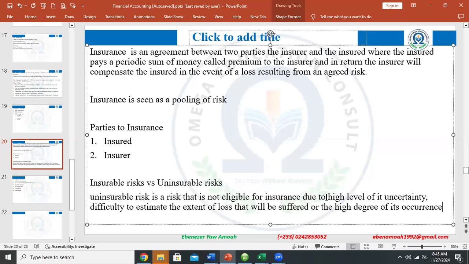I want to give an example, like insuring against losing your pot of soup. Every day you cook, so the possibility that you may be losing your pot of soup is very high. We can't insure against it. Otherwise, even if a ladle of the soup falls down, you will be coming to us to claim compensation. So these are some of the things that make certain risks uninsurable. Okay, any question?